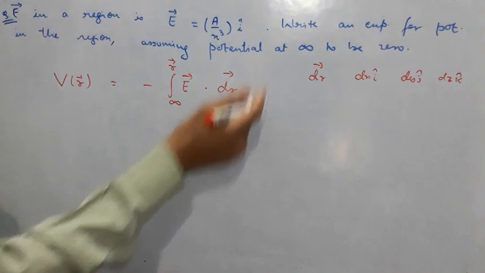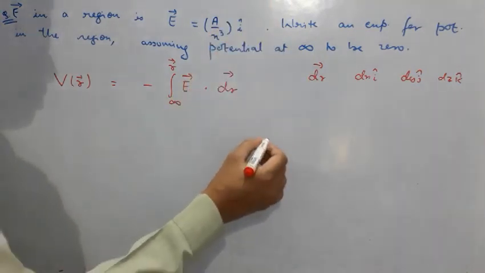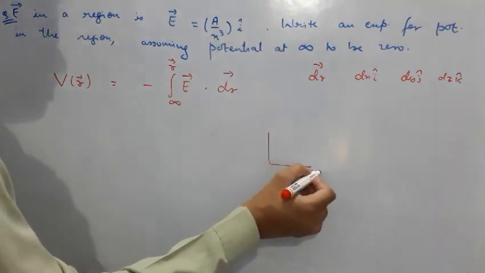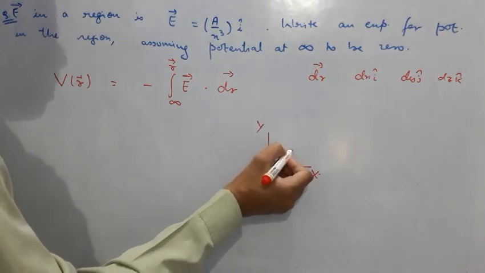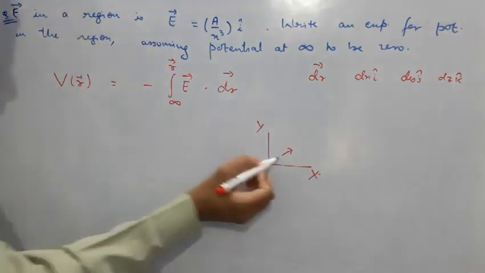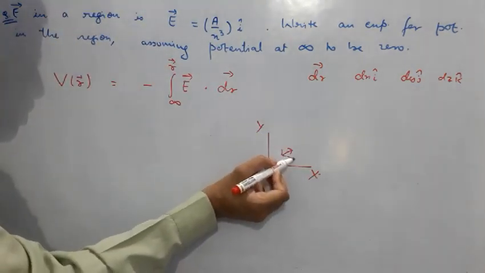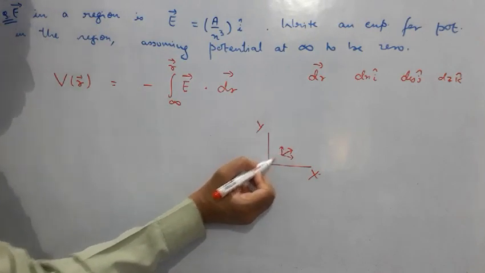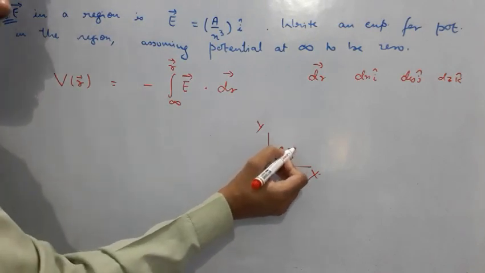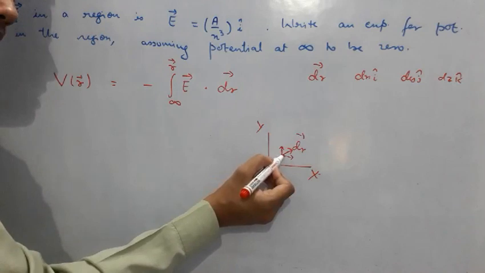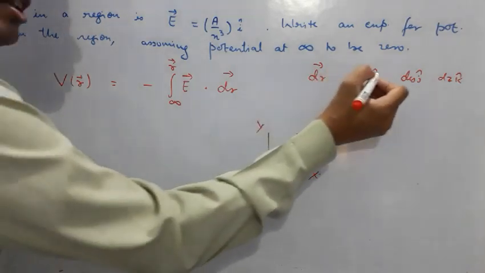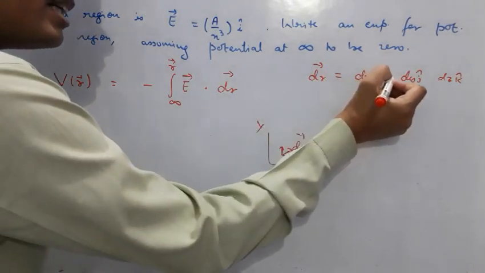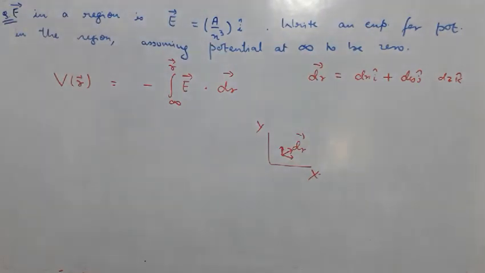But if it is general in two dimensions, like so, this is x-axis, this is y-axis. If we have displacement dr, then it can be resolved into two components, one along x and one along y. Then dr vector in that case can be written as this vector plus this vector. So there it becomes dx I cap plus dy j cap.